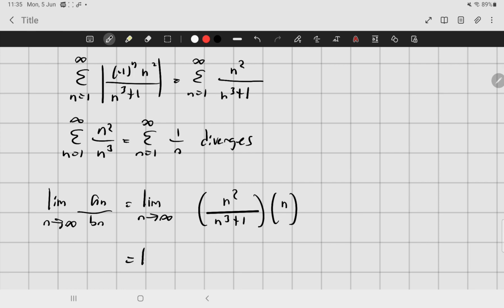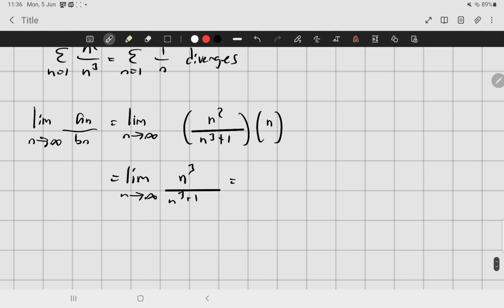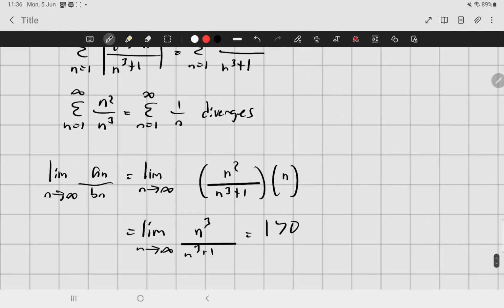So here, the limit as n goes to infinity of n cubed over n cubed plus 1. Then we know that by dividing all terms by n cubed, we will have 1 over 1 plus 1 over n cubed, with 1 over n cubed approaching 0. Therefore, 1 over 1 plus 0 will be 1. Then this is larger than 0.